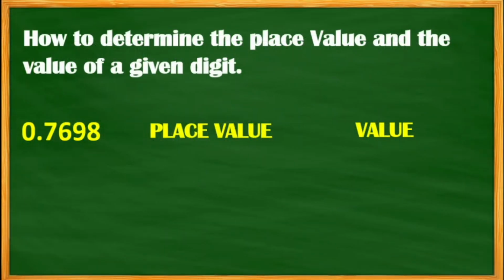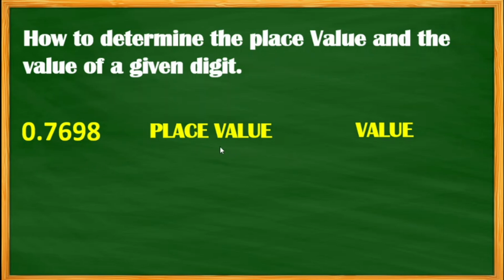So, this would be the question: how to determine the place value and the value of the digit. First, we're going to have an example. 0.7698. Later on, we're going to determine how to read these decimal numbers.